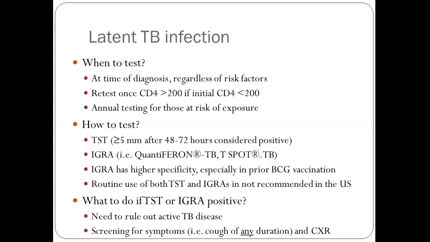But whatever screening test you're using, if your patient was in the AIDS category with a CD4 count less than 200, you have to repeat it once the CD4 count is above 200, because the sensitivity is so low for IGRAs or PPDs when the CD4 count is less than 200 that sometimes I may not even check it. You will be lucky if it's positive, but yeah, the sensitivity is low.